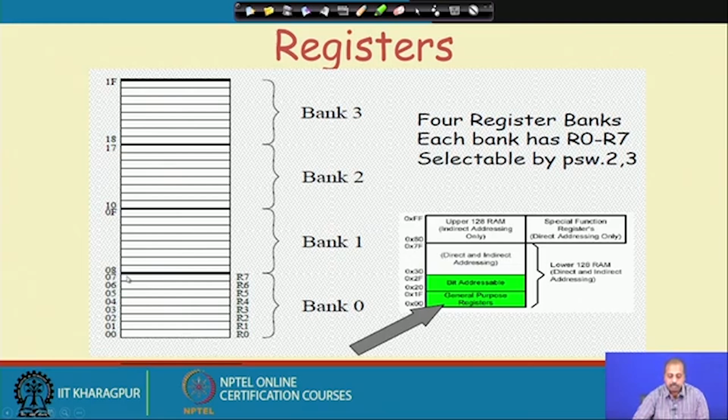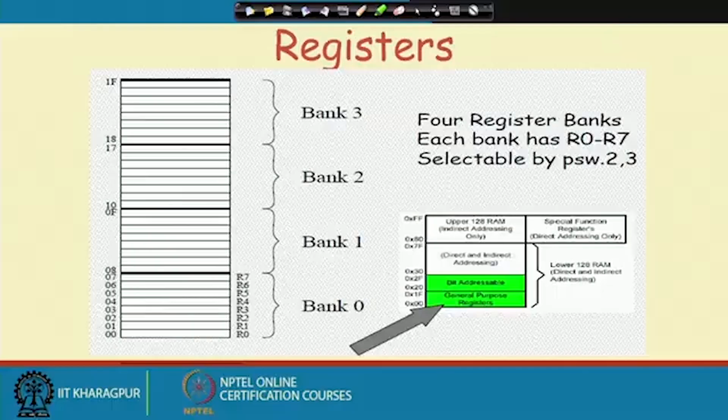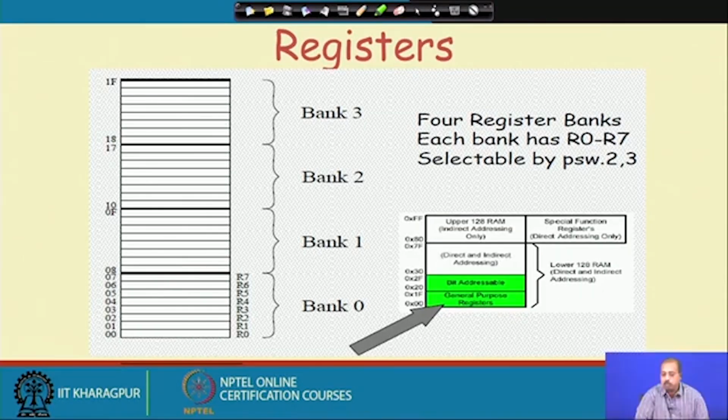This is the lowest bank having the registers R0 to R7, then we have got bank 1 going from R0 to R7. Like that we have got different register banks. This is the general purpose register bank, 00 to 1F, and you can control this bank selection by 2 bits in the processor status word register, which are known as PSW 2 and 3.